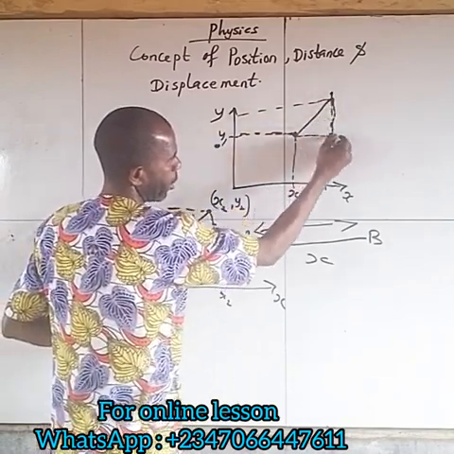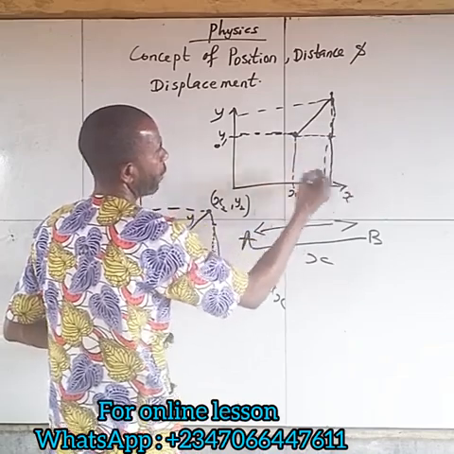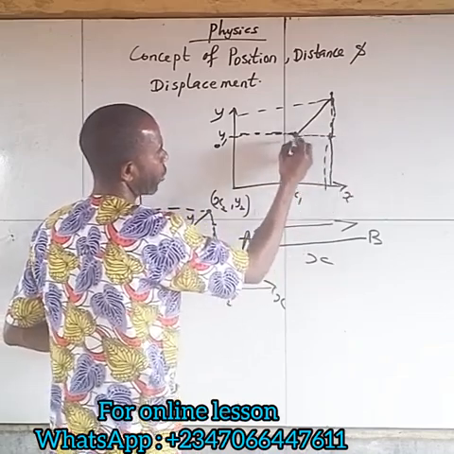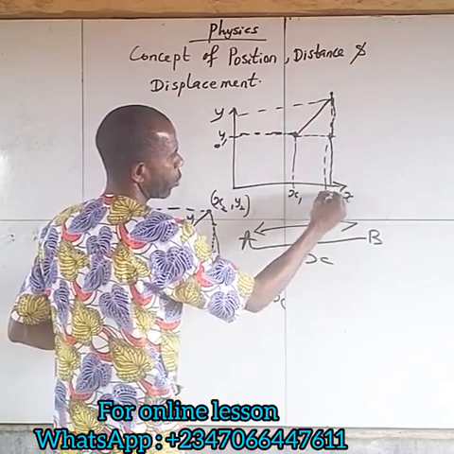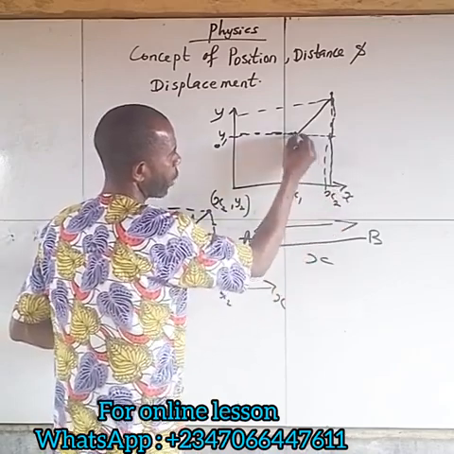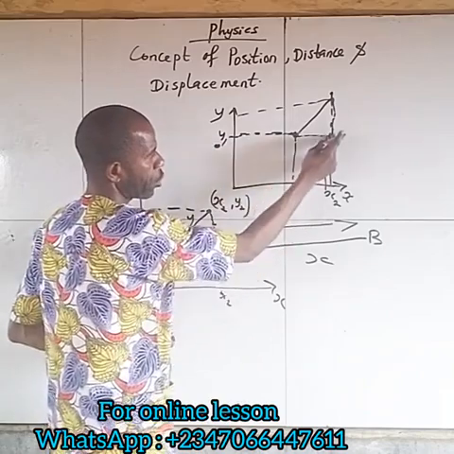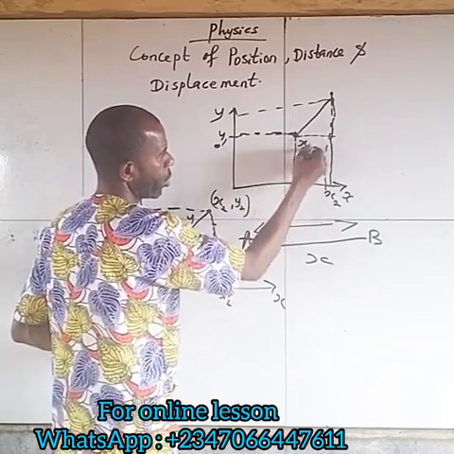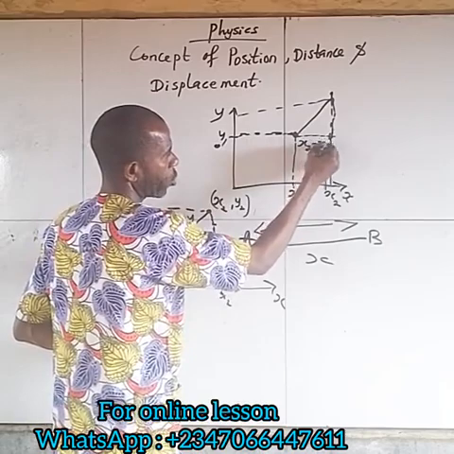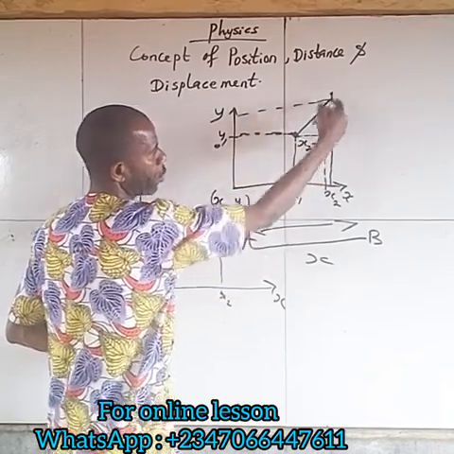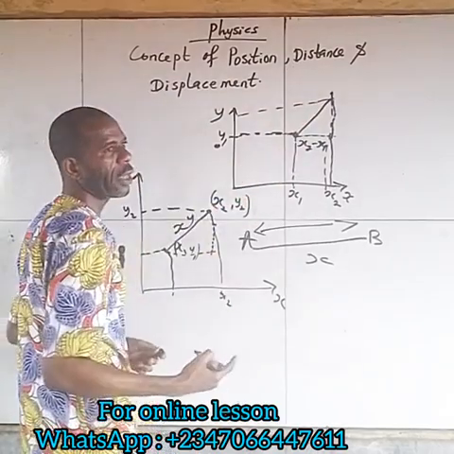Here we are forming what? A triangle. And from here to here, this is your x1, this is your x2. Which means we have increased from x1 to this point. So this becomes x2 minus x1. And we have also increased on the y-axis, moving along the y-axis.